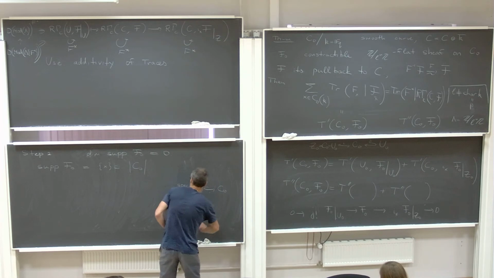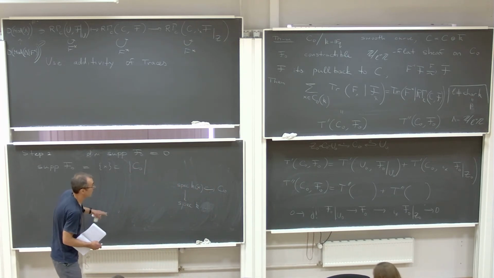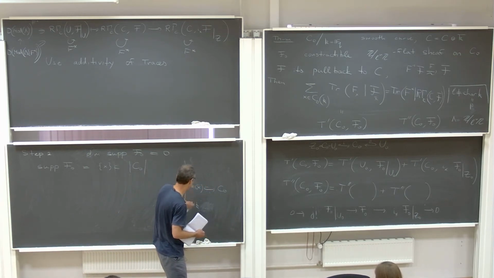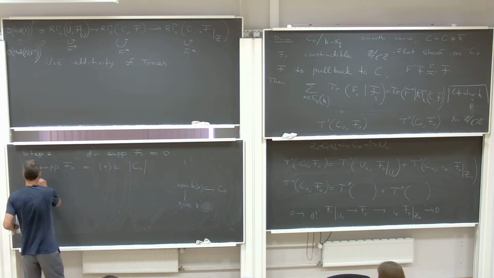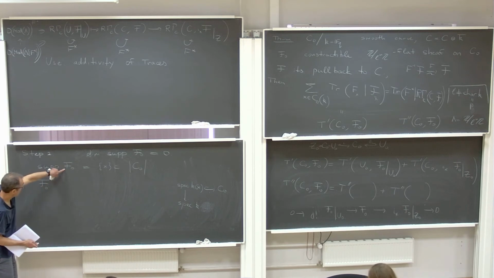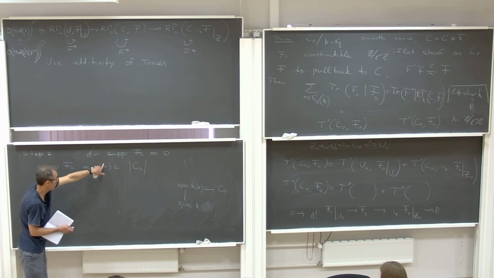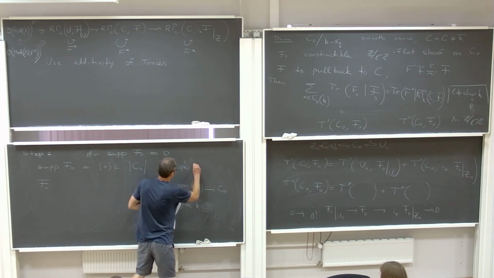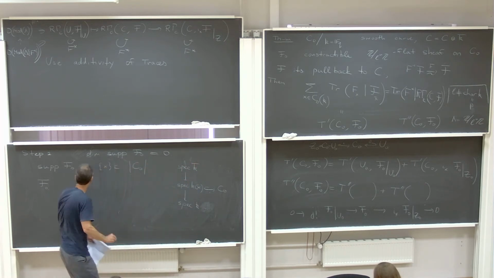Okay, and now let's compute both sides. So what is the structure I have? The sheaf F0 is determined by its fiber at the geometric point lying over this.